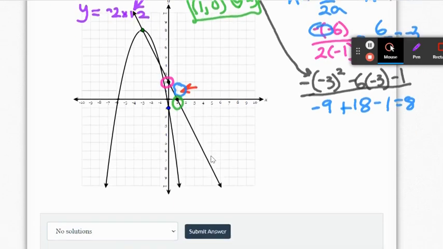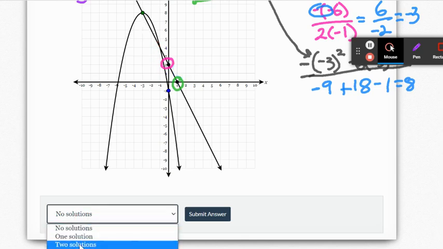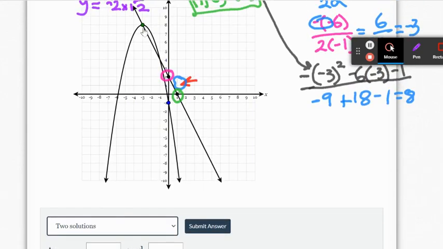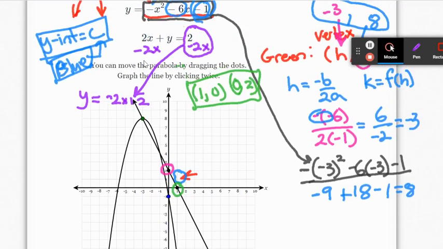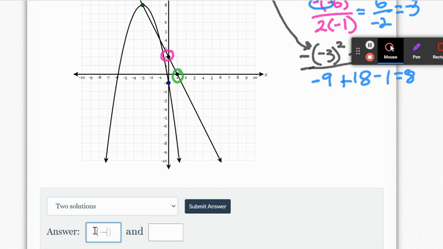Next step is to identify how many solutions we have. Well, it crosses in 2 locations, so I have 2 solutions, and then my job will be to name them. I see the first one is at the vertex, so I already know what the vertex is. Vertex was negative 3, 8. Make sure I put this in parentheses, or it's just random nonsense. Negative 3, 8, close parentheses. And the second coordinate of intersection is negative 1, 4.